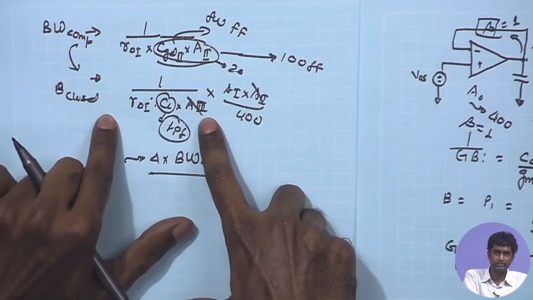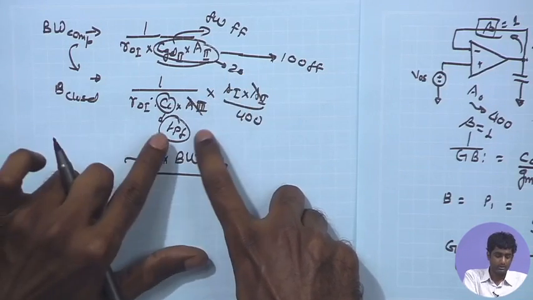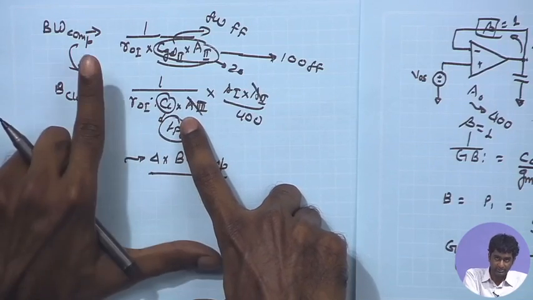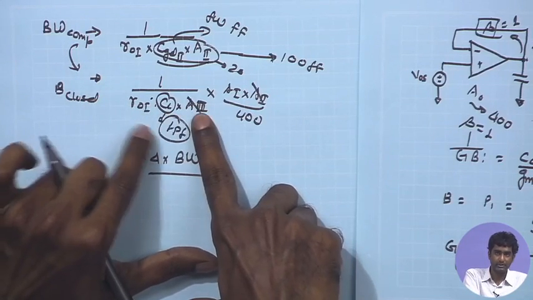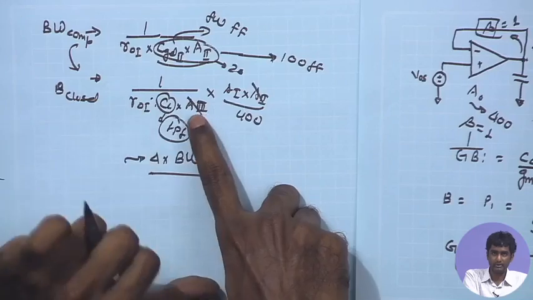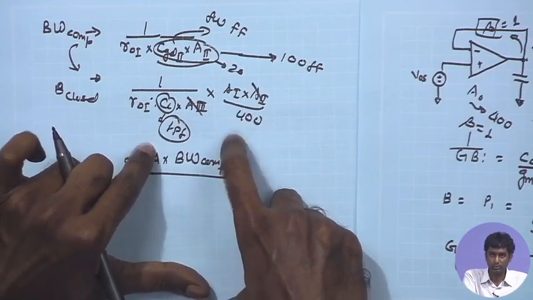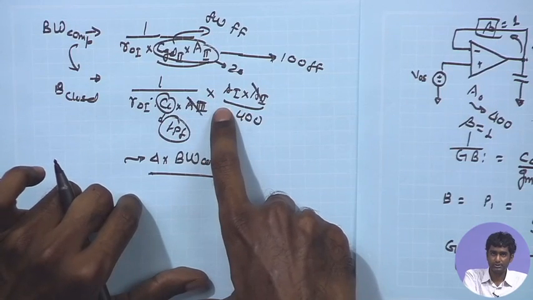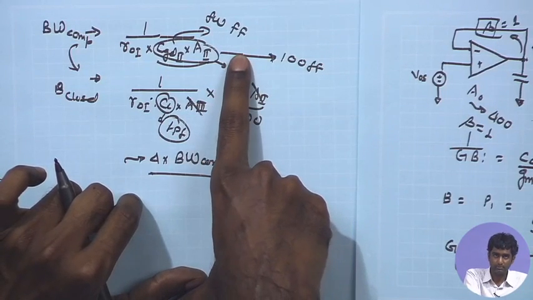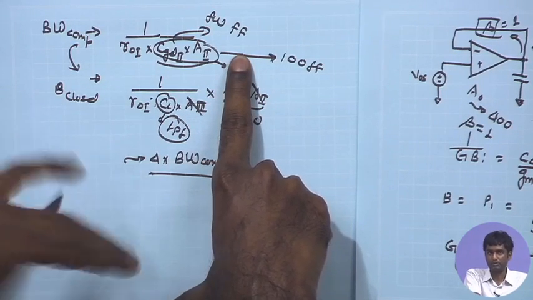Likewise, in the closed loop case, we have the overall capacitance at the first stage only, which is equal to CC times A2, and once again the same RO1. We just compared these two, and we are concluding that this ratio is sufficiently larger, 4-5 times larger compared to the open loop bandwidth of our original comparator.